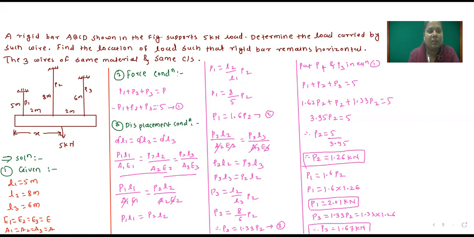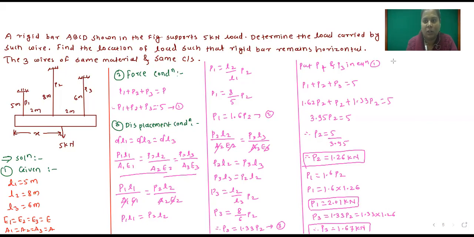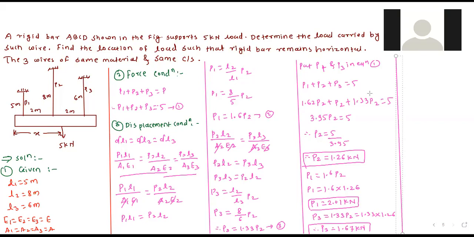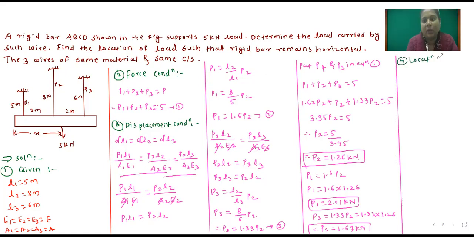The last step remaining is to find the location. How to find the location? Already we have discussed it. For finding the location we have to take moment. First we will draw the free body diagram.